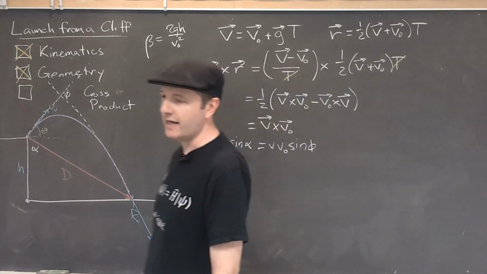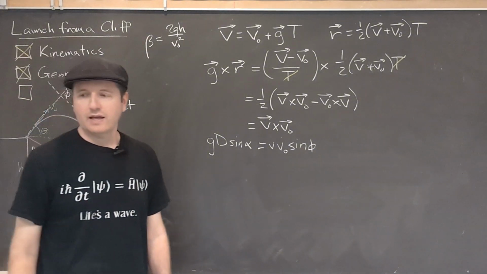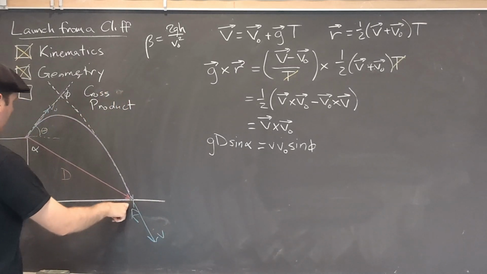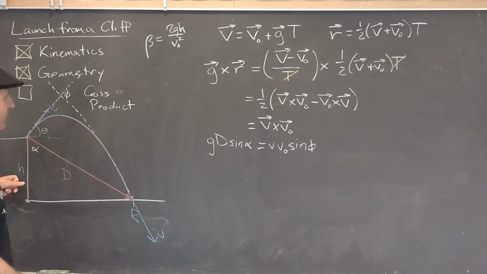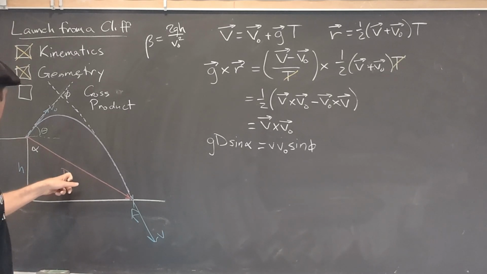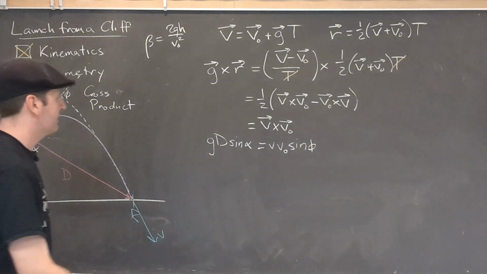All right, now again, I am trying to maximize the range. And notice that we can rewrite this range, R, in terms of alpha and D from geometry. R is going to be what? Let's see, I want D sine alpha.